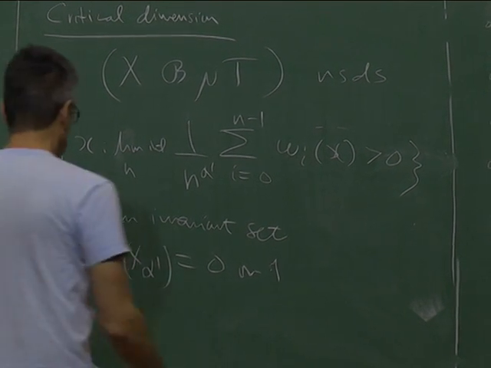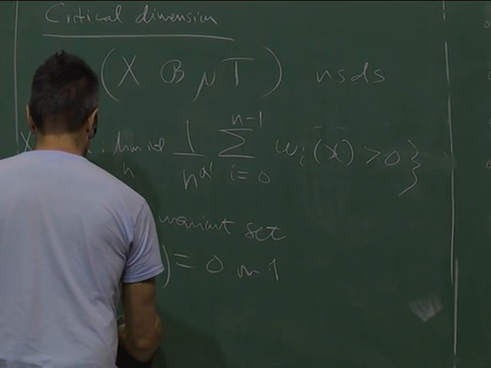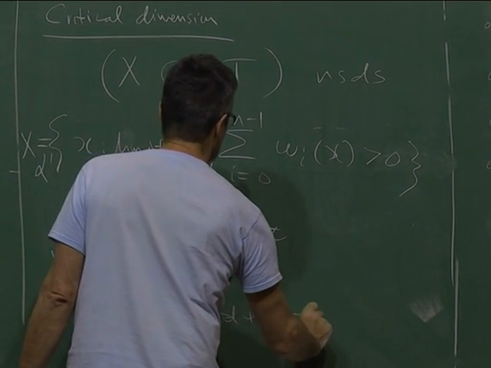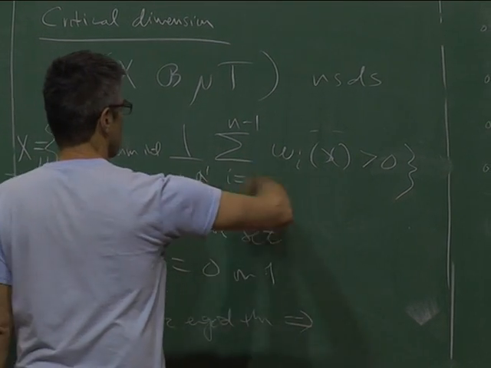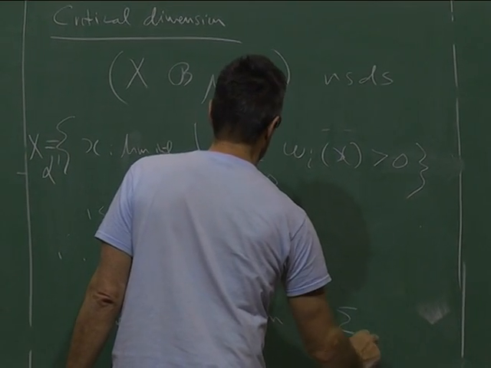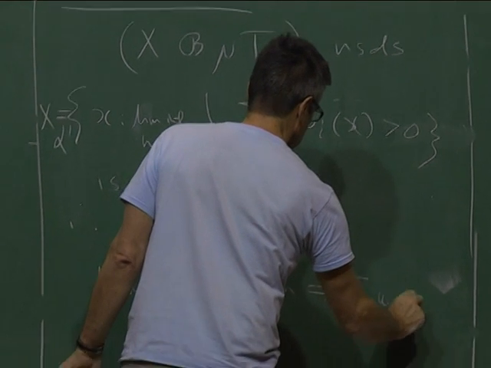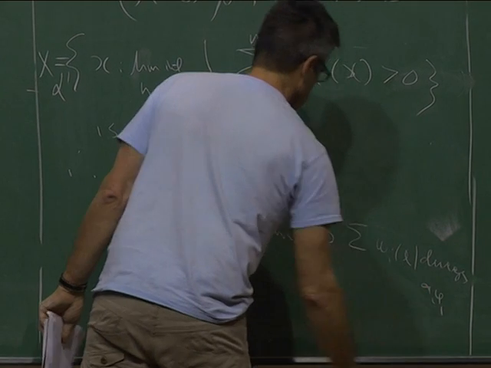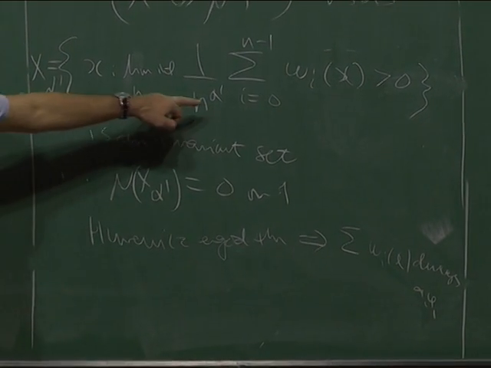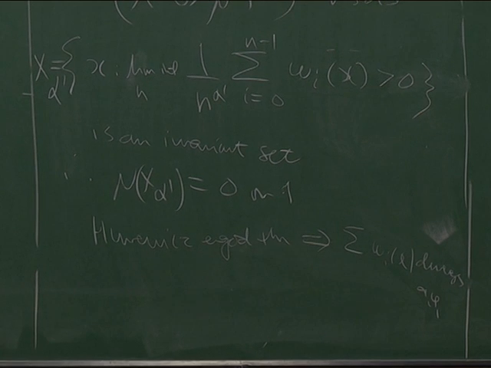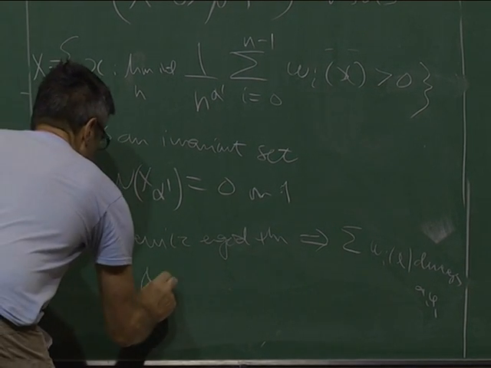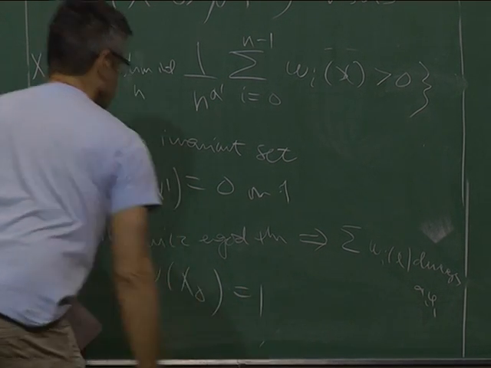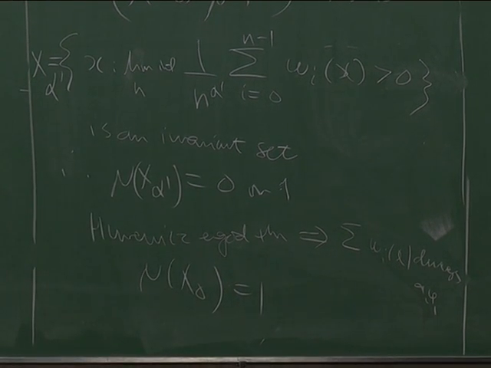If we look at the Hurewicz ergodic theorem, it implies that this thing here diverges. So in other words, if I put alpha dashed equal to 0, mu of x0 equals 1.